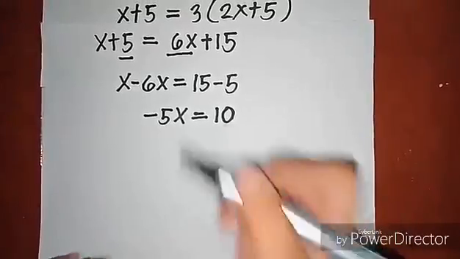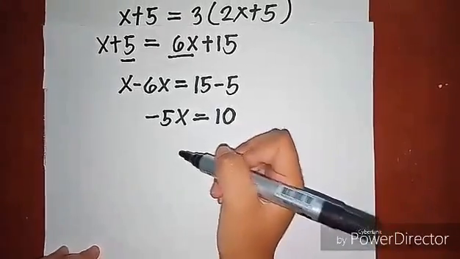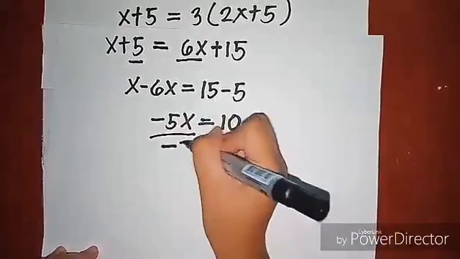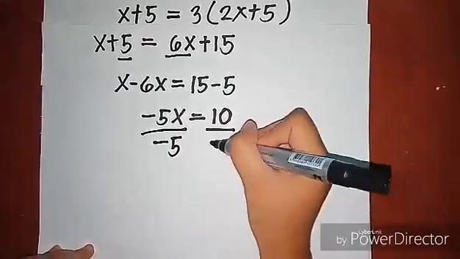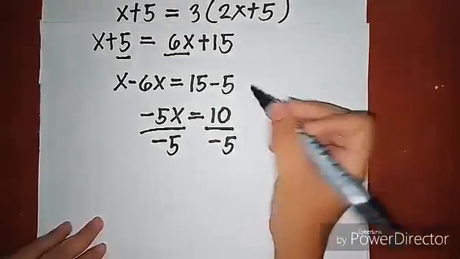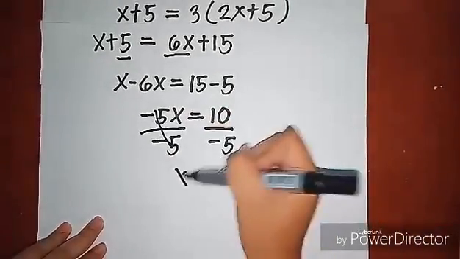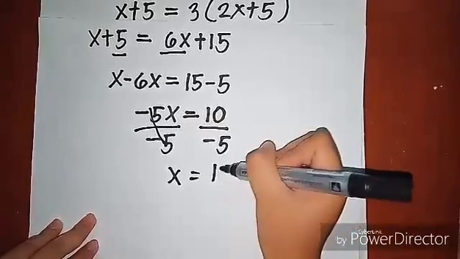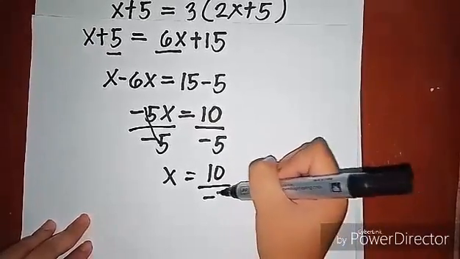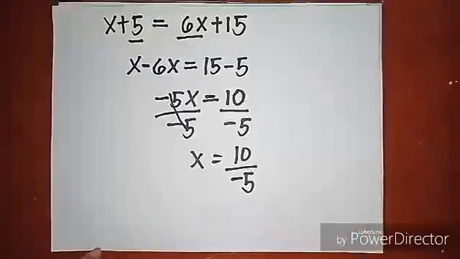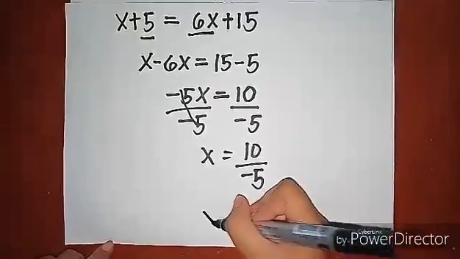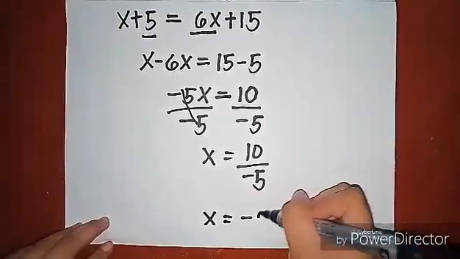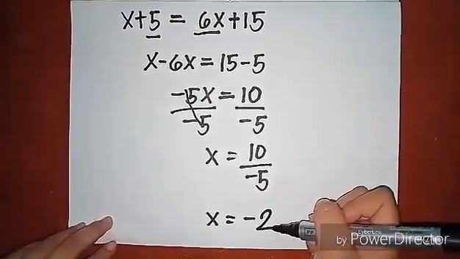To cancel out negative 5, divide both sides by negative 5. x equals 10 over negative 5. So the value of x is negative 2.